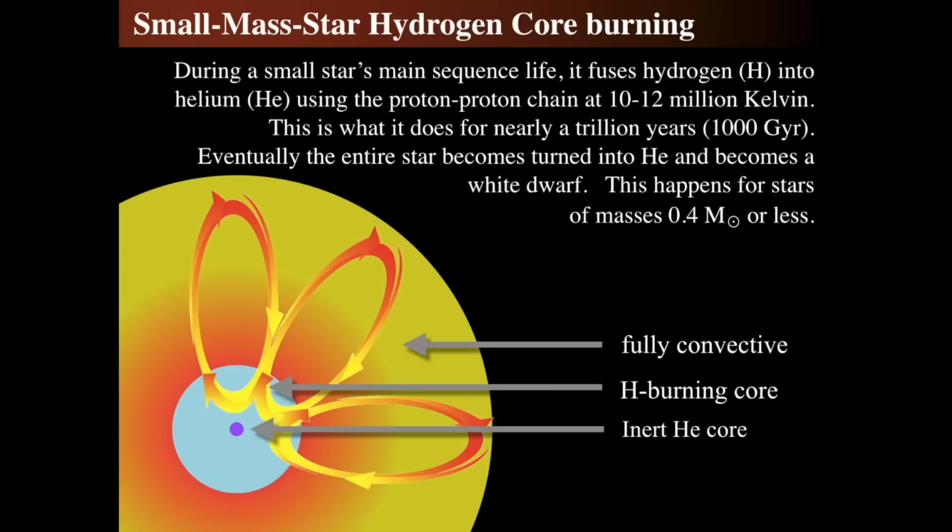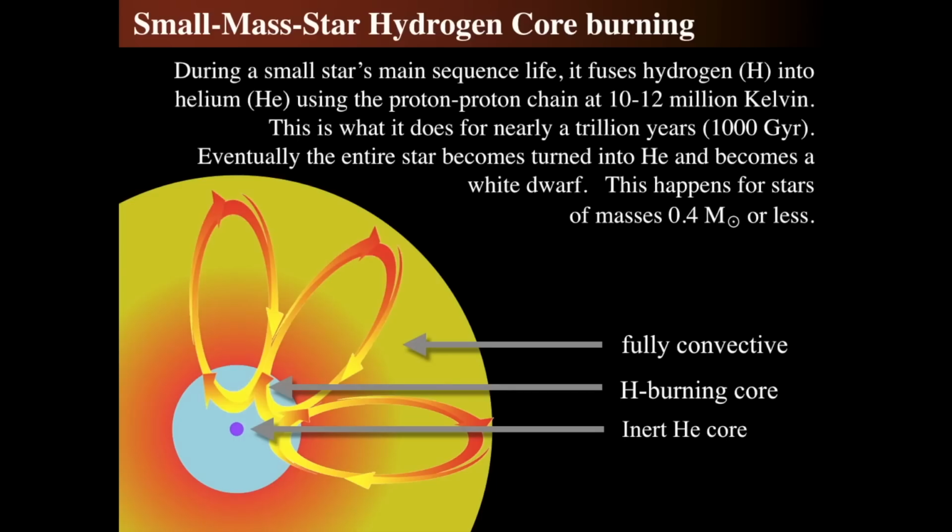Why? Because remember the sun, the inert helium core, had no mixing with the surface. But when a small mass star comes together, its temperature in the core is much lower. It's roughly 10 to 12 million Kelvin. And therefore the whole thing's convective. Only the outer layers of the sun are convective, and there's a radiative area that blocks the convection from flowing from the surface all the way to the core.